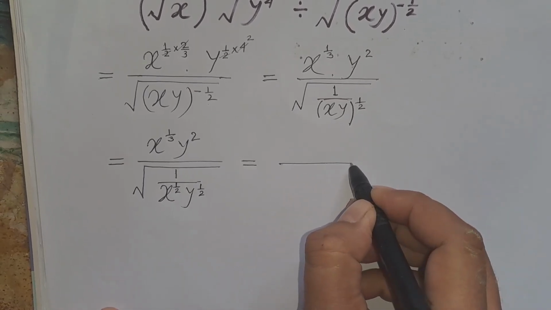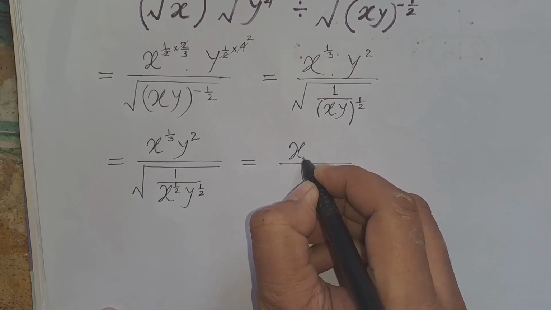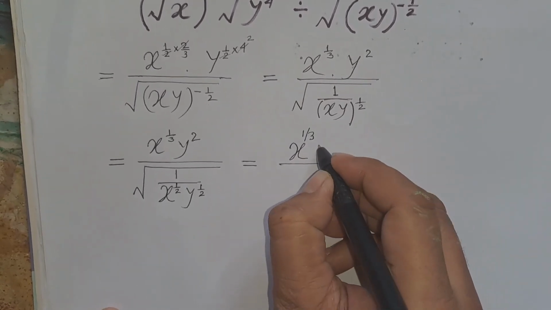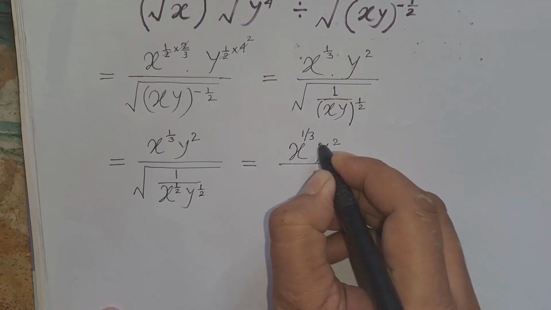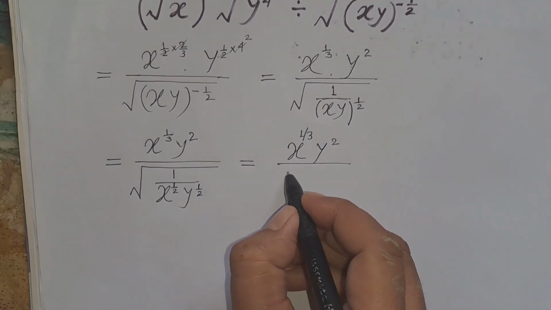Now the next step. As we have nothing to do with the numerator right now, we will write it as it was, that is x to the power 1 by 3 and y square.